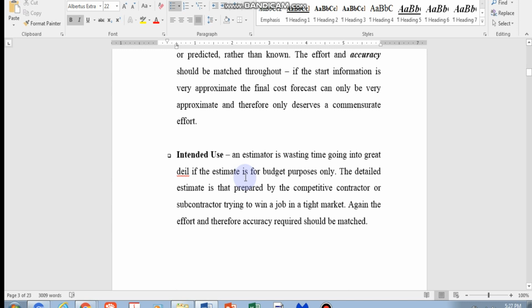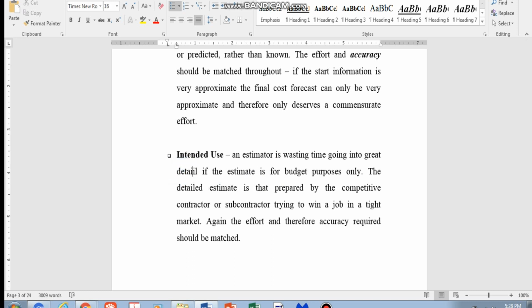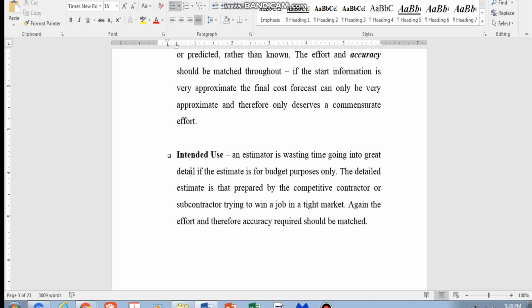Obviously, we need to know the intended use of the estimate. Is it just a no-detail figure, like a phone call kind of thing, or is it done by the consultant, or is it going for tender in a very tight competitive market, or is it a preliminary conceptual idea that you need to present to the client to give them guidelines on how the cost will be?